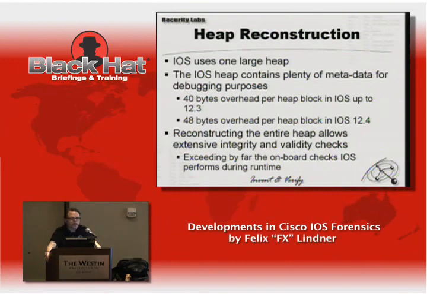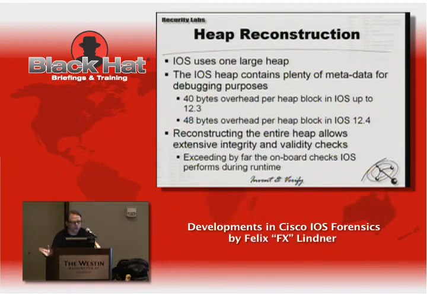Reconstructing the heap essentially allows us to perform very extensive integrity and validity checks. iOS has onboard checks, a process called check heaps, that walks the heap chains and looks if they're consistent. But the tests are very limited. The reason being the router is usually busy, up to 80% CPU usage, forwarding packets.